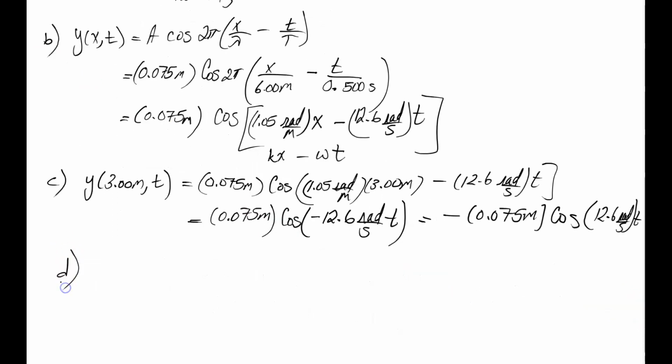For part D, we're asked for the maximum power that this person produces, and we have the max power formula that says P max equals the square root of mu F times omega squared A squared, where mu is the linear mass density, F is the force, omega is the angular frequency, and A is the amplitude.